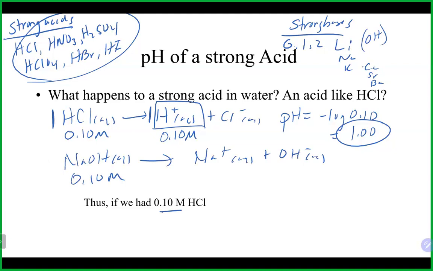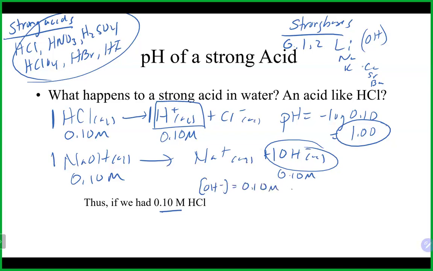In this case, we don't have H plus because it's a base, but we do have hydroxide, which is part of the way we could get to pH. A 1-to-1 relationship here means that the hydroxide concentration is 0.1.